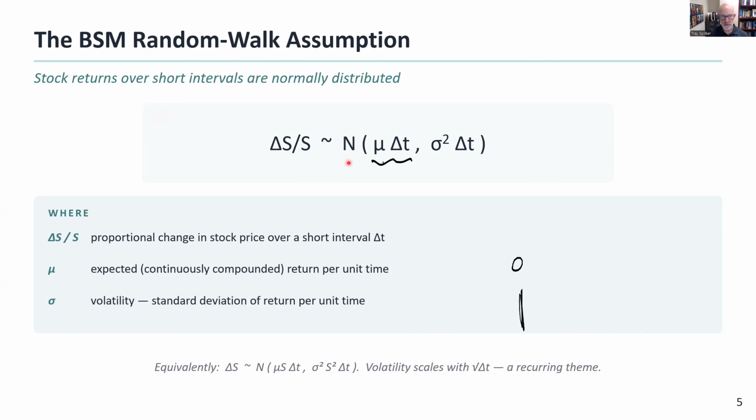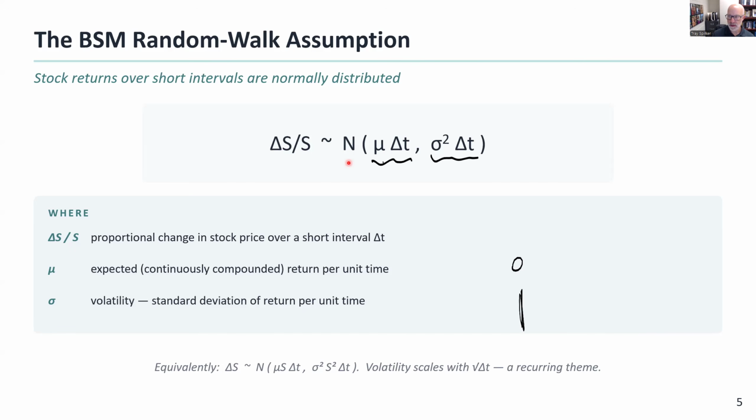So over a few seconds, minutes, even a day, it's going to be distributed with a mean expected return of mu delta t, and the variance of that return is going to be sigma squared, of course, which is variance times delta t, the time step. They're all just scaled. And so it's roughly normally distributed.